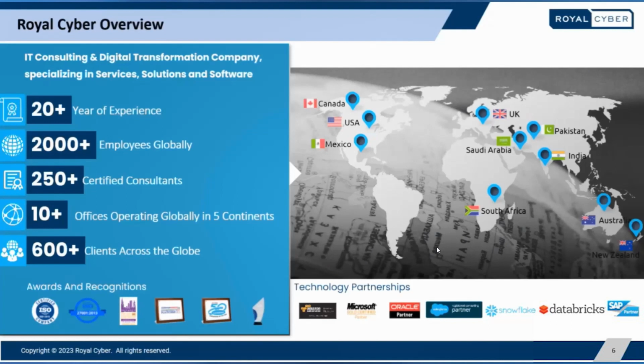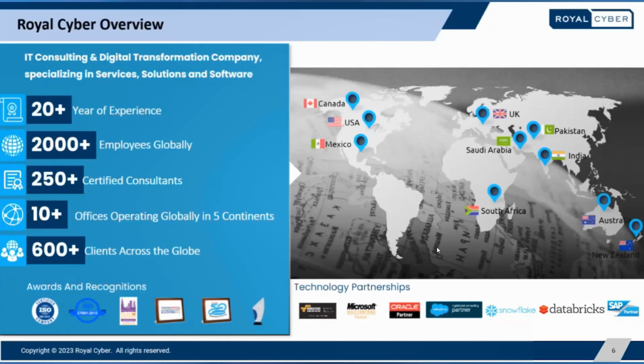So, this is the overview of Royal Cyber. We are an IT consulting and digital transformations company specializing in services, solutions, and software. We have 20 plus years of experience in the industry, and we are located across the globe in multiple countries and in multiple locations.